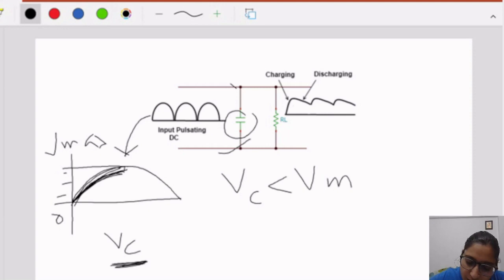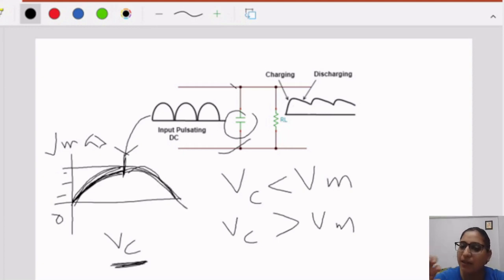What happens when the input is going down from Vmax to 0? Then Vc is greater than Vm, because now Vm is going towards 0. Vm will become negative and go to the lower edges, so the Vm value will decrease. When Vc is greater than Vm, the capacitor will discharge.